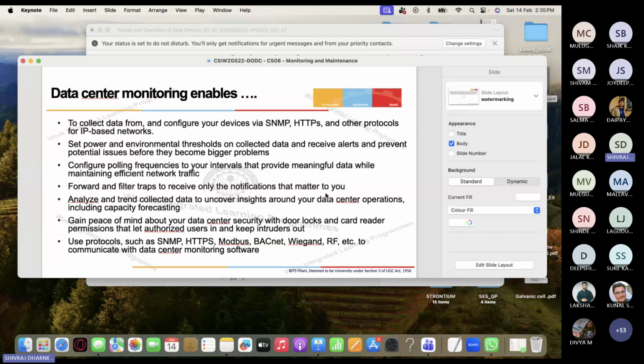SNMP allows you to monitor device health, like how much the CPU and memory are, what the temperature is, what the bandwidth usage is. You can monitor power systems like UPS and busways, like I told you just now, and it will receive fault alerts or configure some device parameters, depending on whatever access level you have.